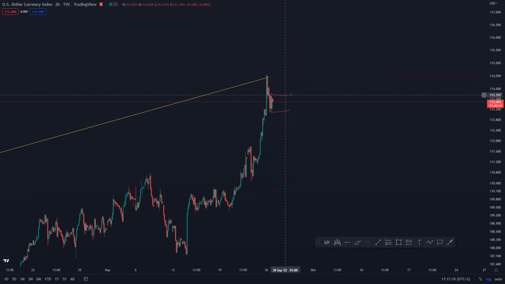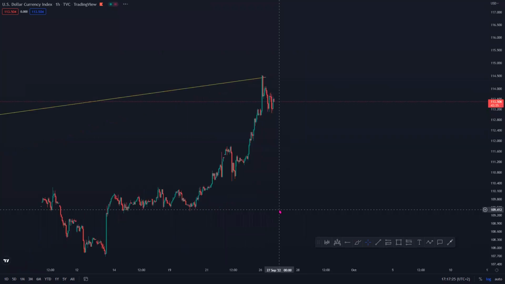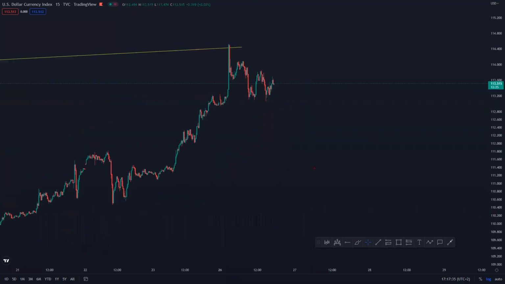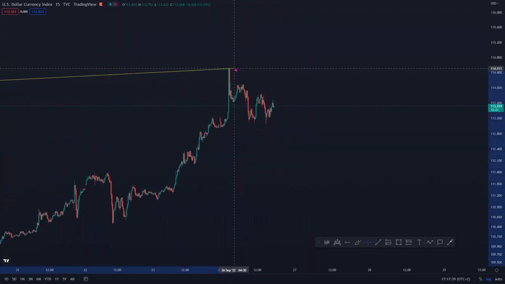Let me just remove this. Let me go to 1 hour, and then 15 minutes to see the structure properly. On 15 minutes, this is the push that I was talking about.